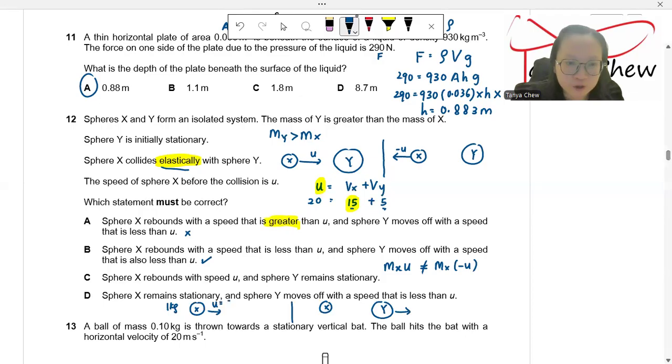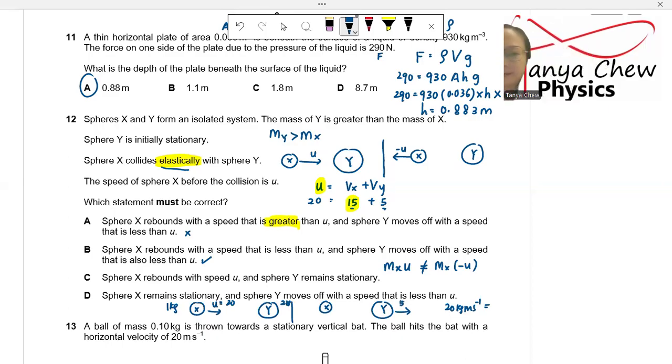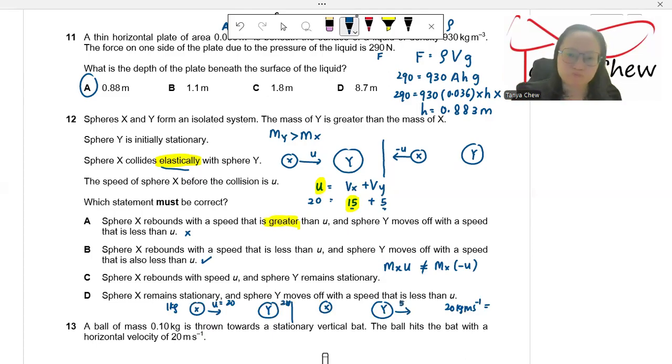Maybe mass of X is 1 kilogram, moving with U of 20. And the mass of Y, because it is greater, is 2 kilogram, with a speed less than U, maybe 5. Let us see whether it's true or not. Total initial momentum is the momentum of X, which is 1 times 20, so 20 kilogram meter per second, which should equal mass of Y, 2, times a value lesser than U.